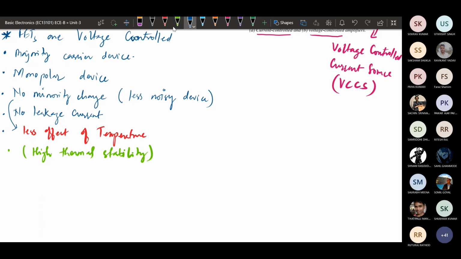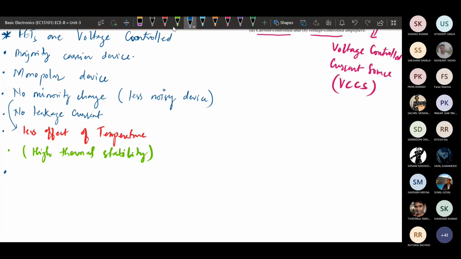Also, on the input side, the FET is operated in reverse bias. So generally FETs have high input resistance.